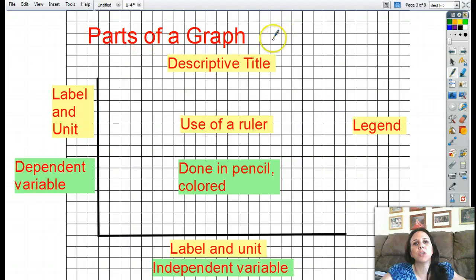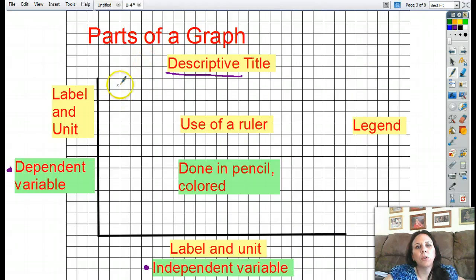Usually what you can do to ensure that it is a descriptive title is to include the independent and the dependent variable. And if you get a nice big long sentence, totally cool. They don't have to be 2 or 3 words. Sometimes you guys get it in your head that graph titles should only be 2 or 3 words long. No, no, no. You can have 10, 20 words if you want, as long as it describes it.